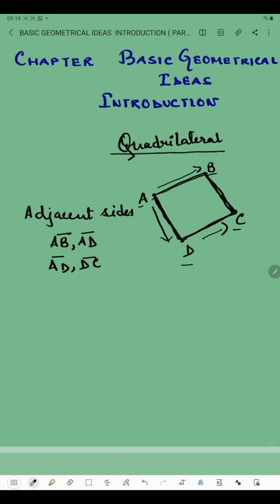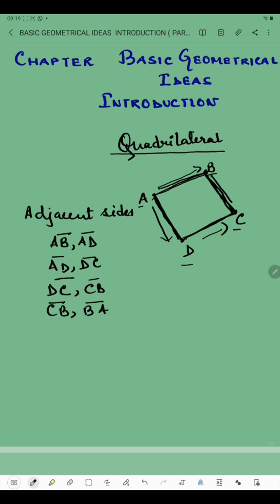They are sharing point C. So these two are also adjacent sides. And CB and BA also share a common point, which is B. So CB and BA, these two also are adjacent sides.